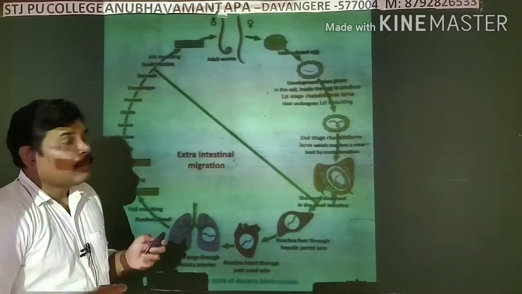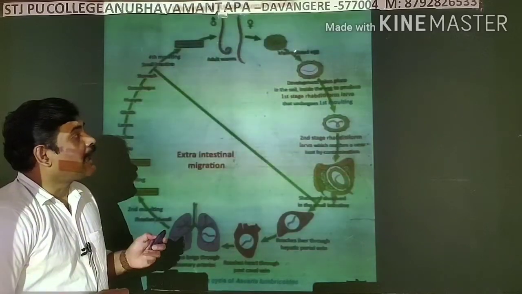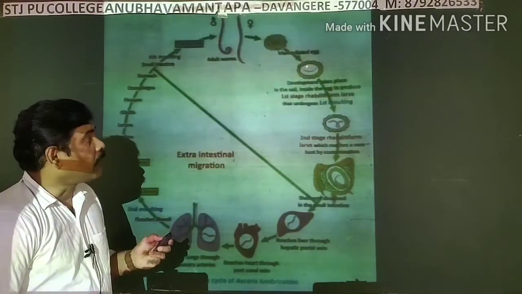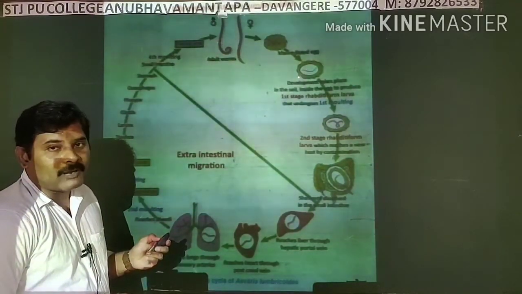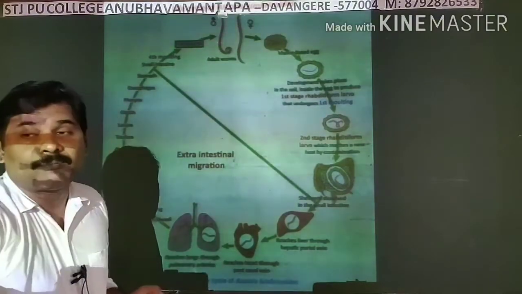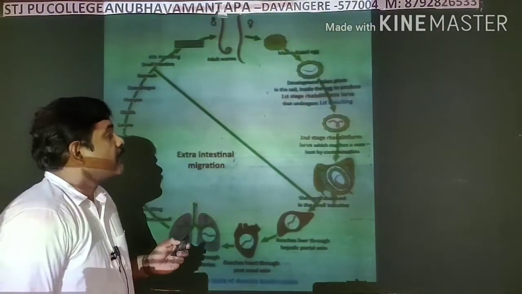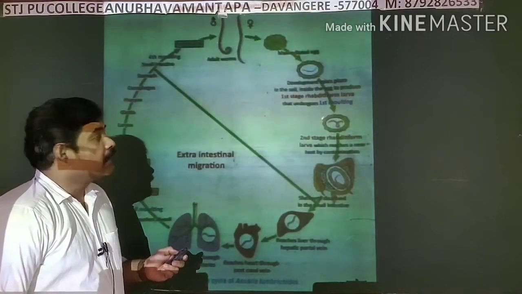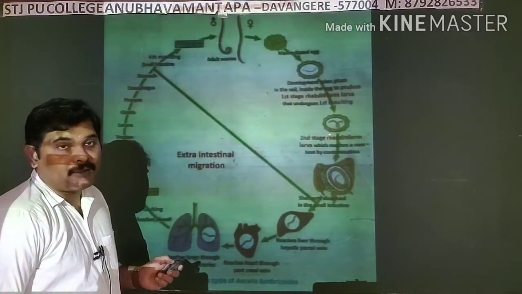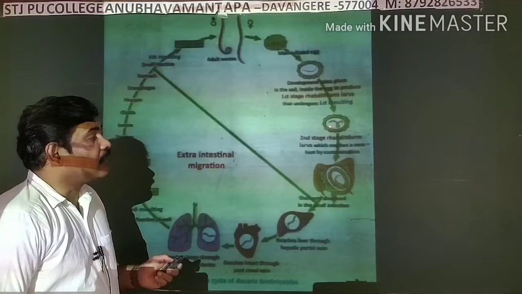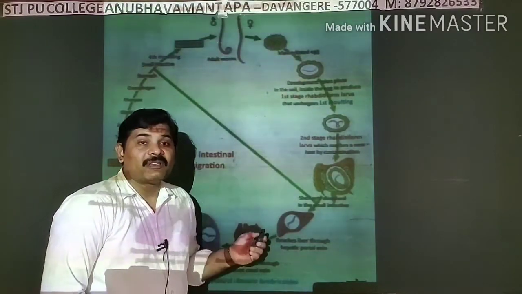When it is present in the soil, the egg starts developing and forms the first stage rhabditiform larva, in which the first molting takes place. As a result of this first molting, it develops into the second stage rhabditiform larva. At this condition, food gets contaminated with these eggs.